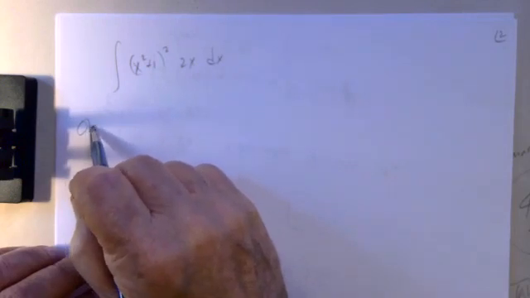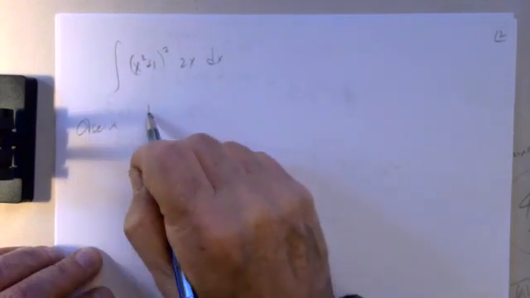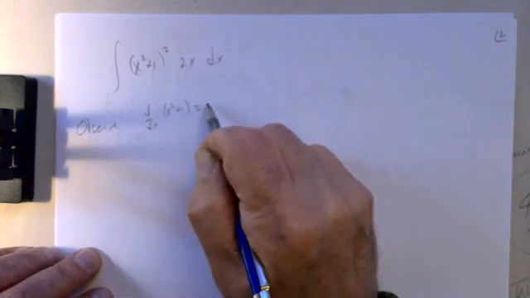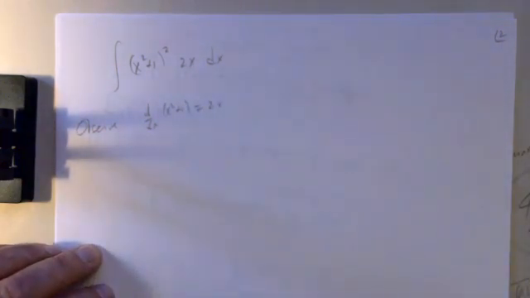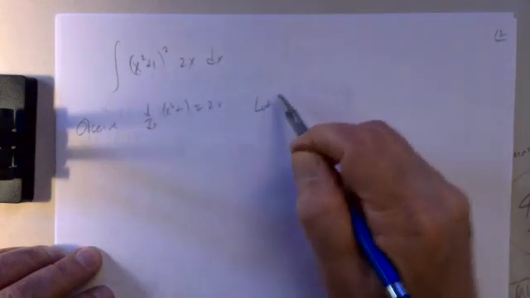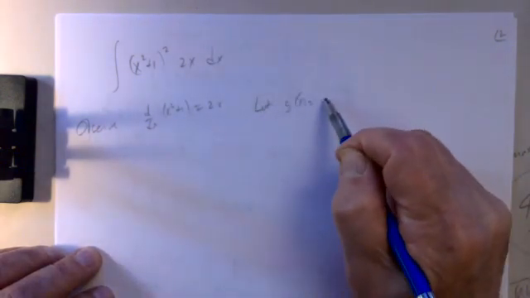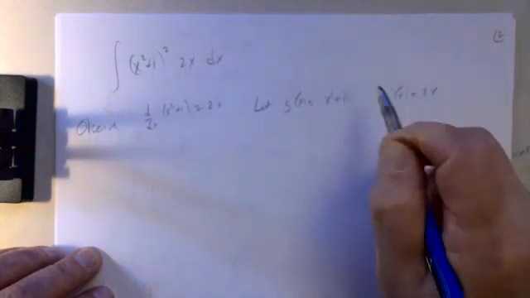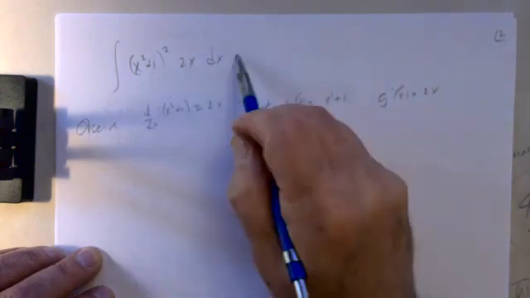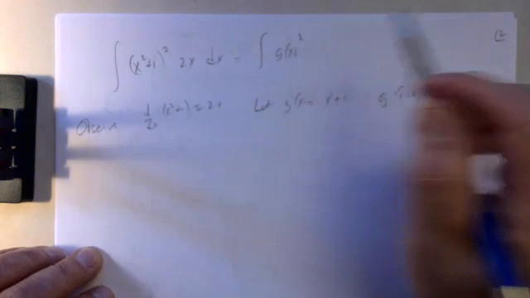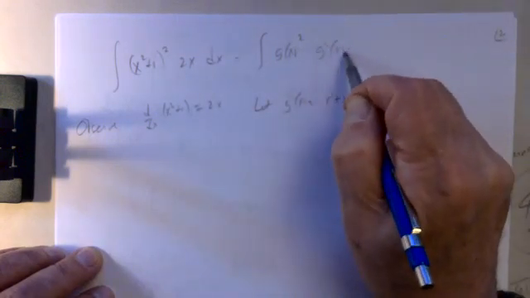What you do is observe that the derivative with respect to x of x squared plus 1 is 2x. So if you let g of x equals x squared plus 1, g prime of x is 2x. So this is the integral of g of x squared, g prime of x dx.